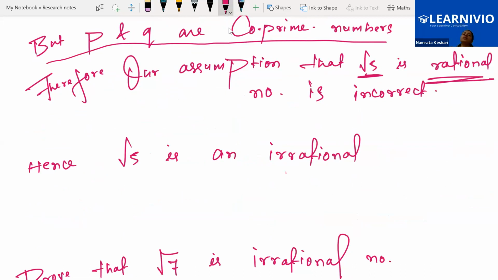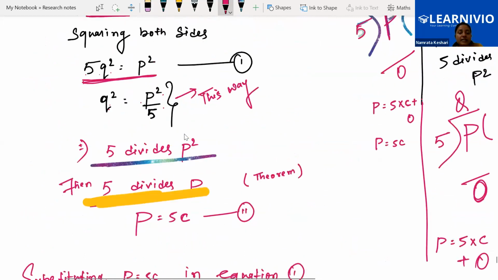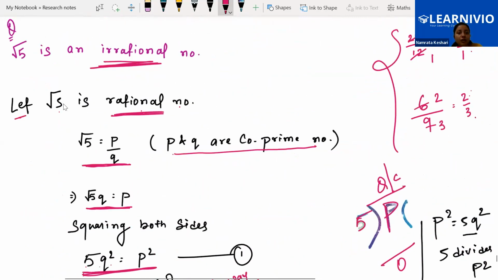Exactly the same method we have to apply for root 2, root 3, or any irrational number. All the steps will be exactly the same. Just at the place of root 5, there will be root 7.